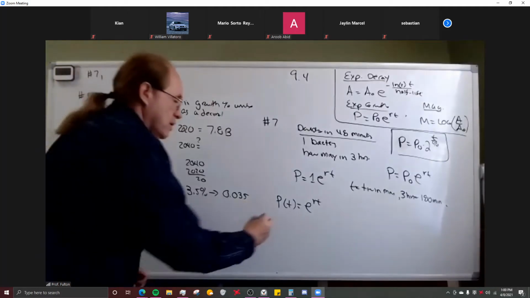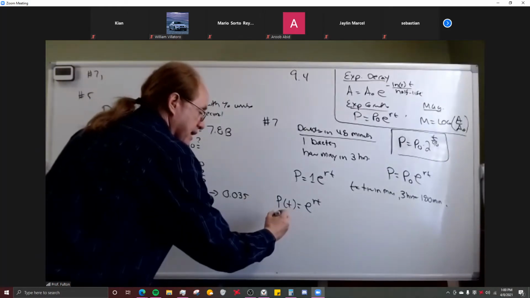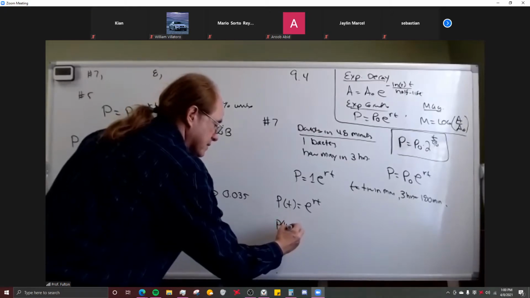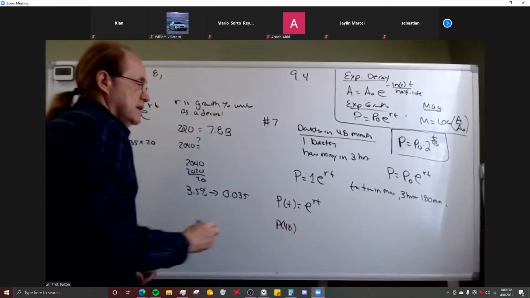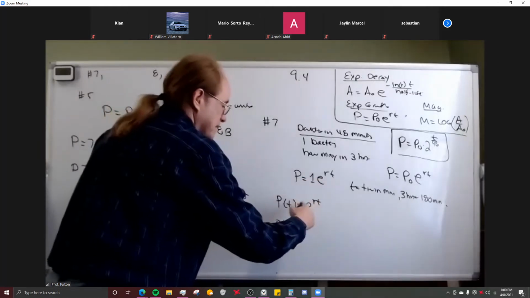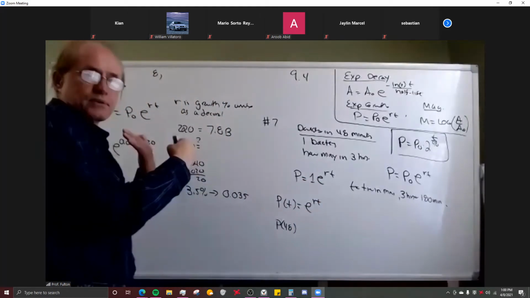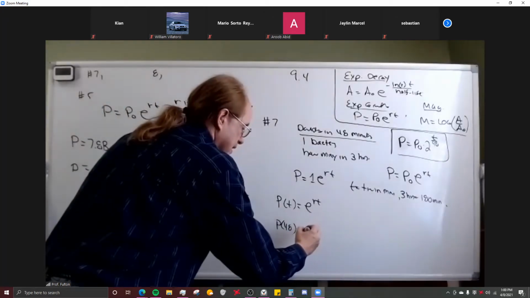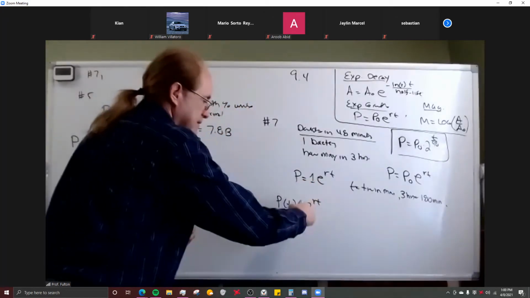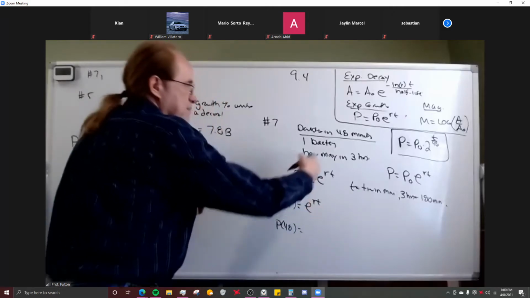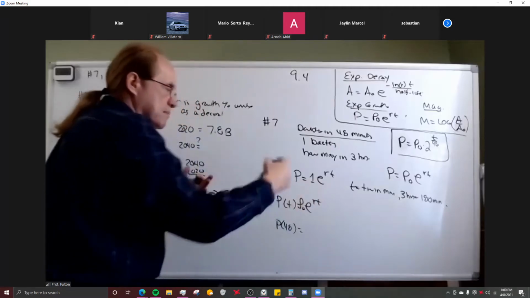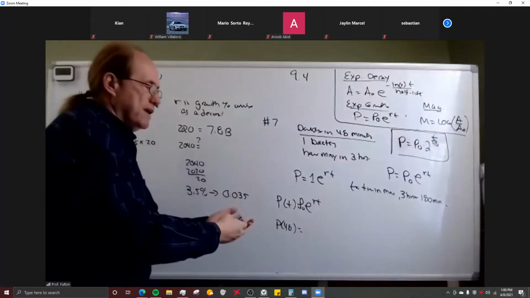What we know is, when I put T equal to 48 minutes, I can start with some initial P and it doubles the amount. If I set it up with P0 initially, I could do it as P0, but we're going to do 1 in a minute. Let's just get the R value.